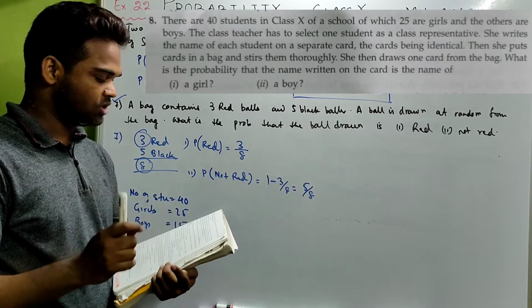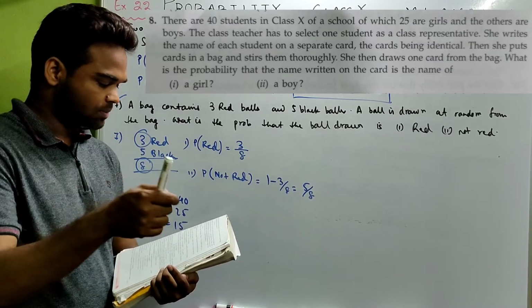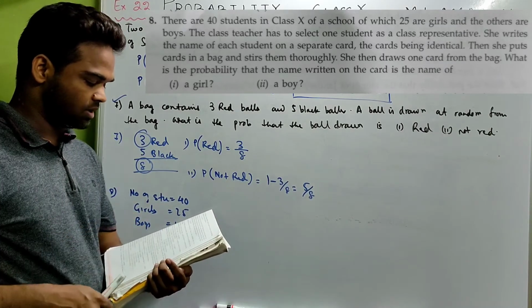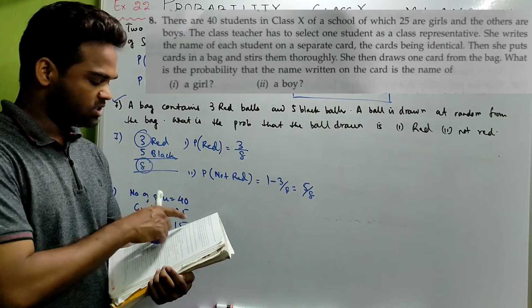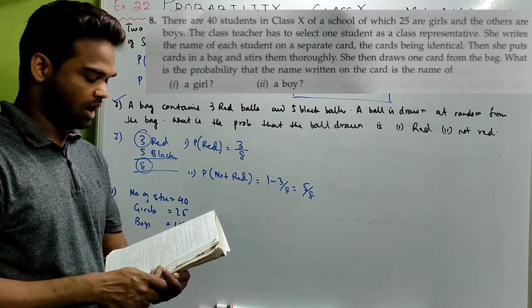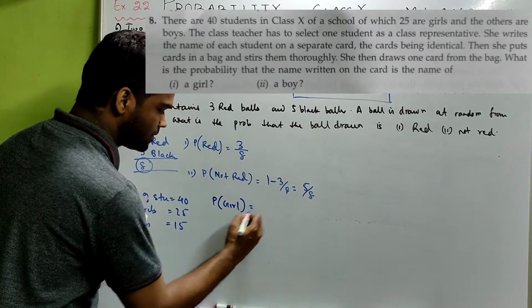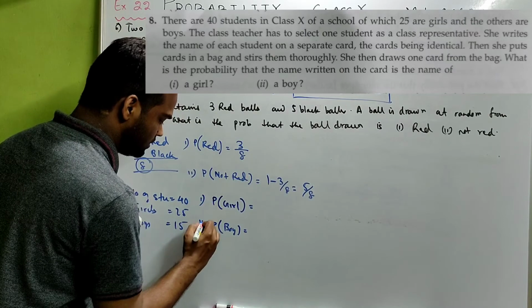The class teacher had to select one student as a class representative. She writes the name of each student on a separate card, the cards being identical. Then she puts the cards into a bag and stirs them thoroughly. She then draws one card from the bag. What is the probability that the name written on the card is the name of a girl and a boy? Two parts.